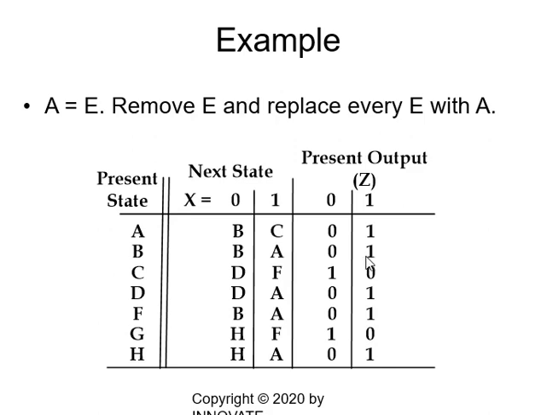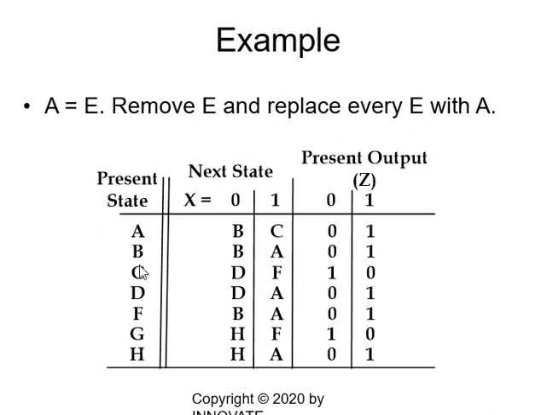In state F, I would have also F under x is 0, I will go to state B, and under x is 1 I will go to state A. So I have the next states are the same, and the present outputs are the same. So I have BA and BA and 0, 1, 0, 1.